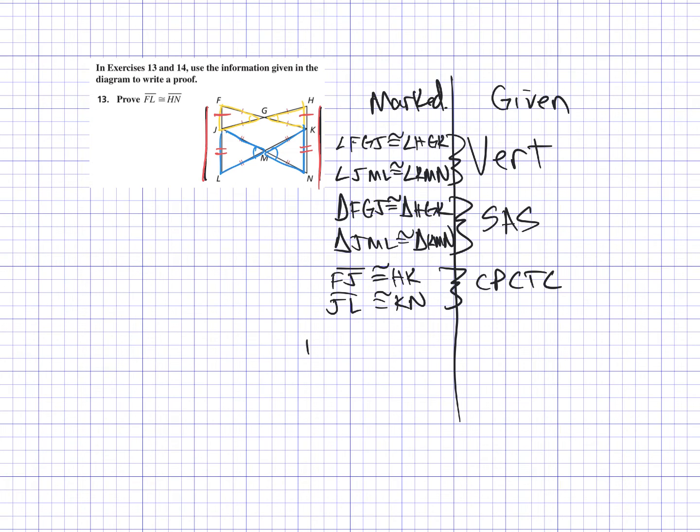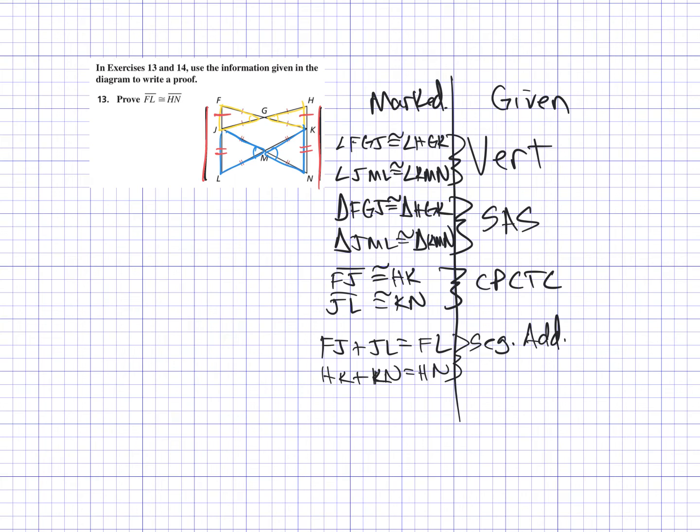And then if we take FJ plus JL, that is equal to FL. You gotta get rid of those segment marks. So FJ plus JL equals FL, and segment addition. And the other one as well, HK plus KN is equal to HN.